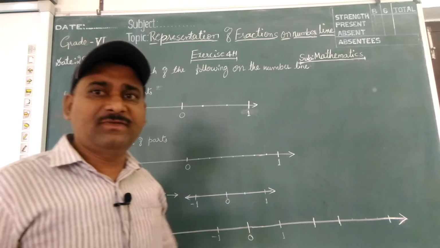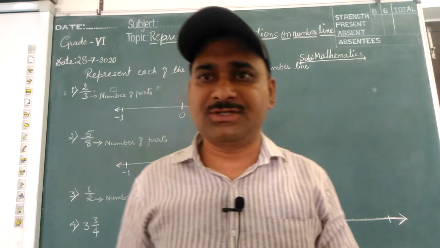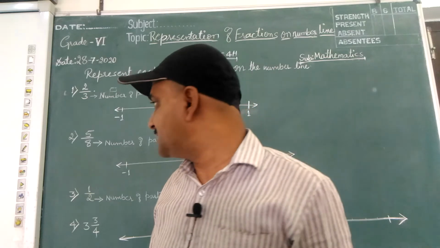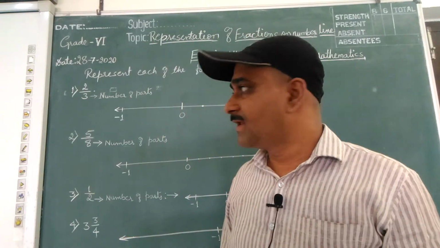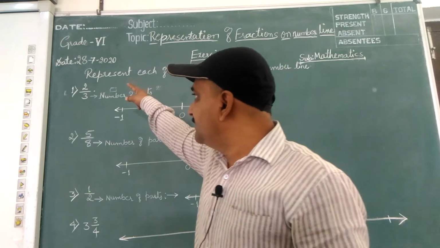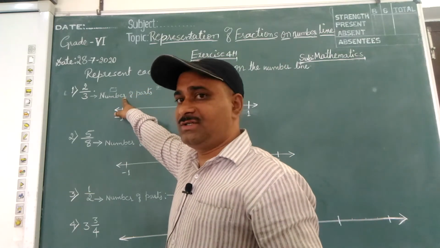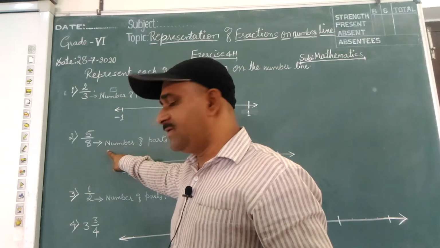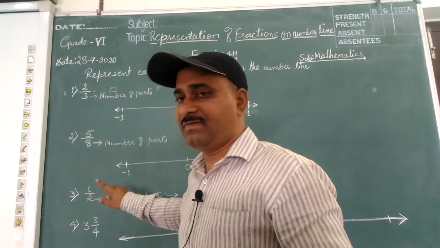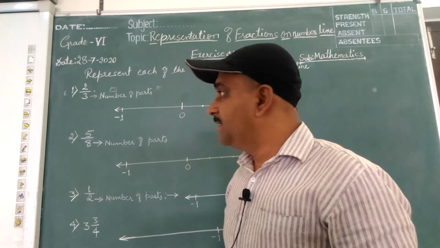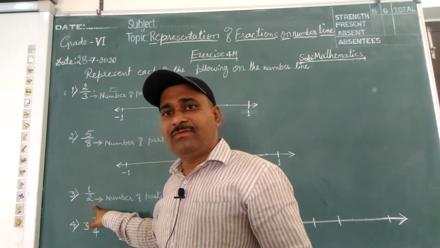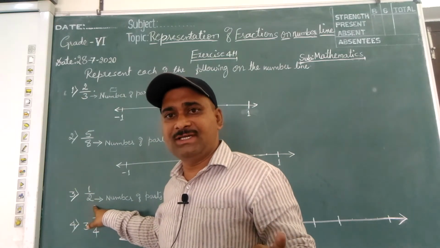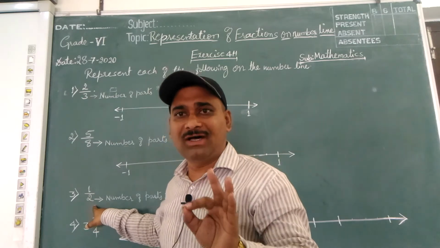What is the difference between the first 3 questions and the fourth question, children? Everyone knows this. The fourth is a mixed fraction, and this is a proper fraction, this is a proper fraction, and this is a proper fraction. Means the first 3 questions are fractions whose value is less than 1.